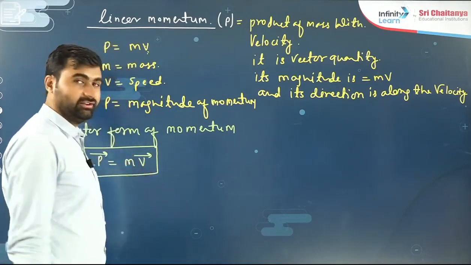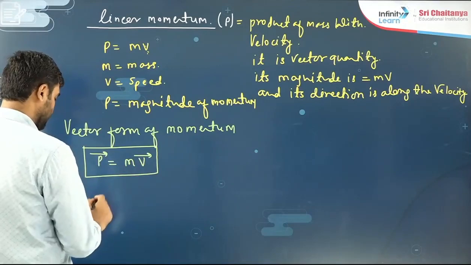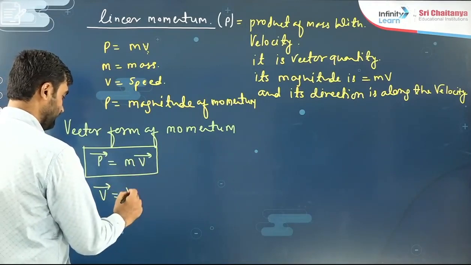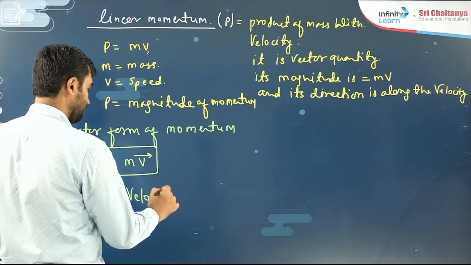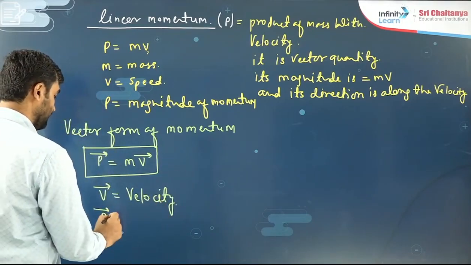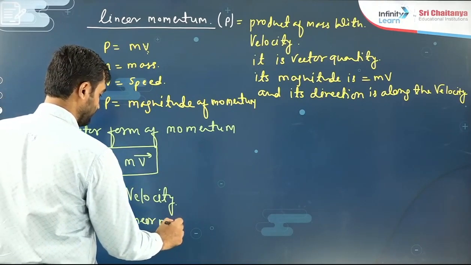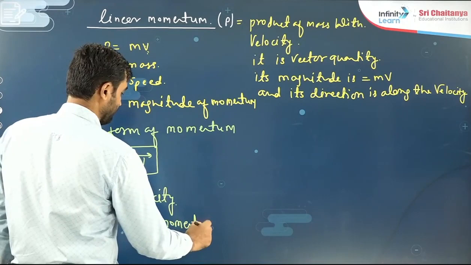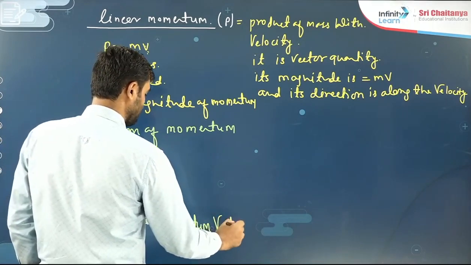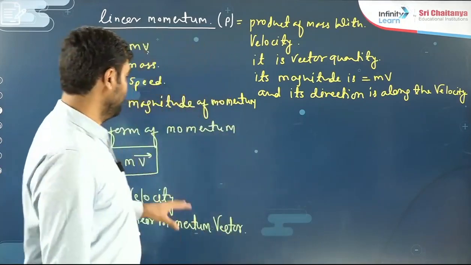This is not speed. Is it clear? What is m here? M is mass, but this v vector is velocity. It is not speed. This is the difference. And this is the linear momentum vector. Understood, friends?